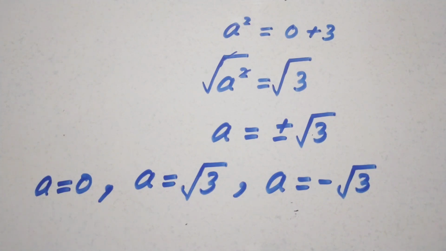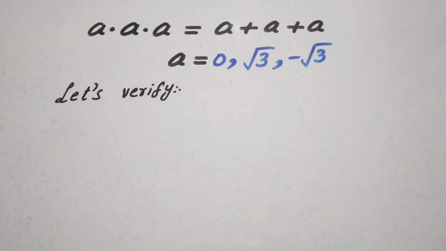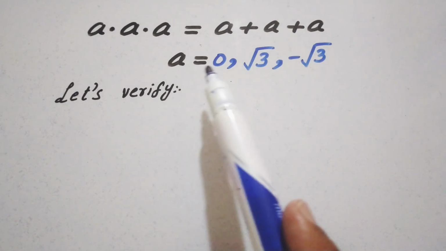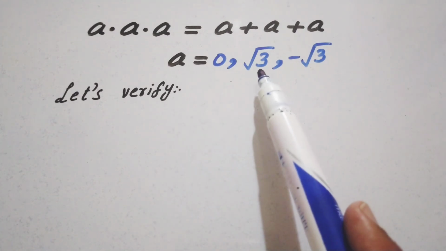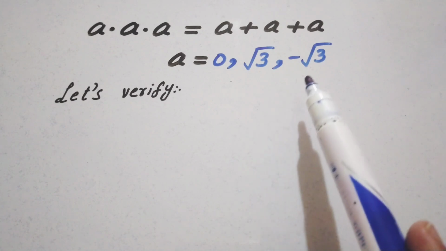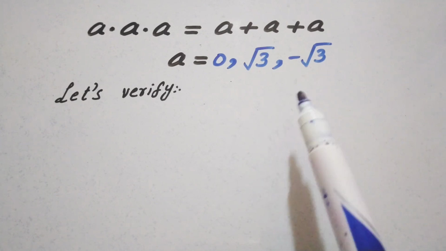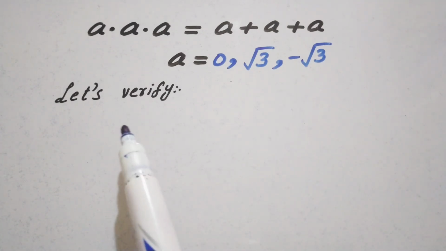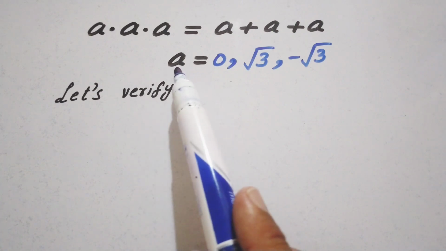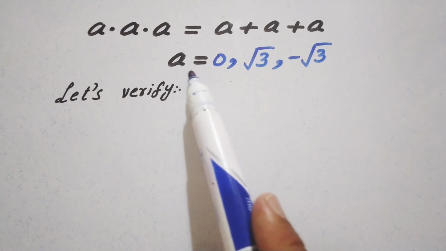Now let's verify whether these values of a satisfy the given expression or not. We have found three values of a: the first one is 0, the second one is square root 3, and the third value is minus square root 3. Let's verify them one by one.